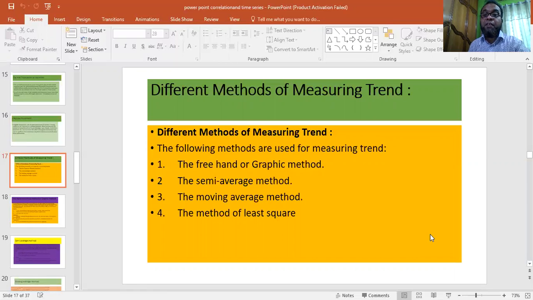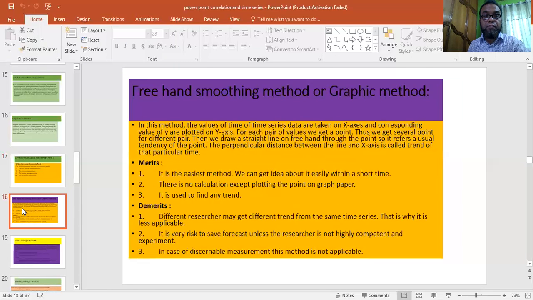First one is the freehand or graphical method. Number 2 is the semi-average method. Number 3 is the moving average method, and number 4 is the method of least square. Now, what is the freehand method or graphical method?